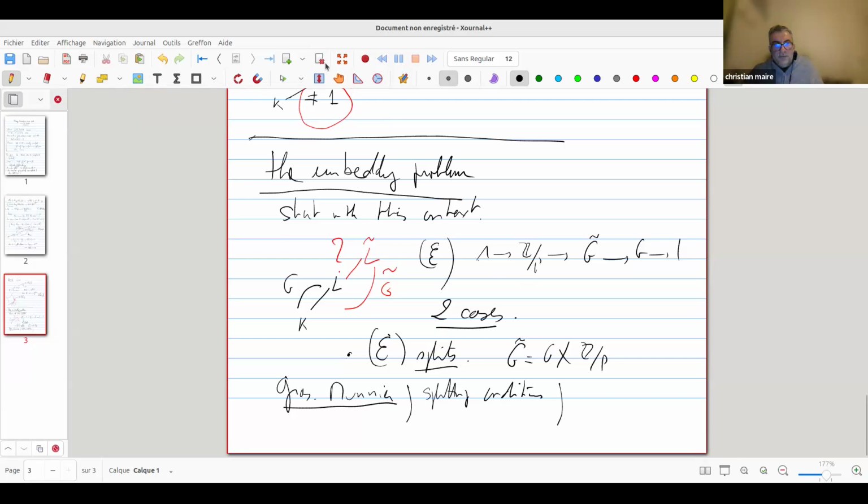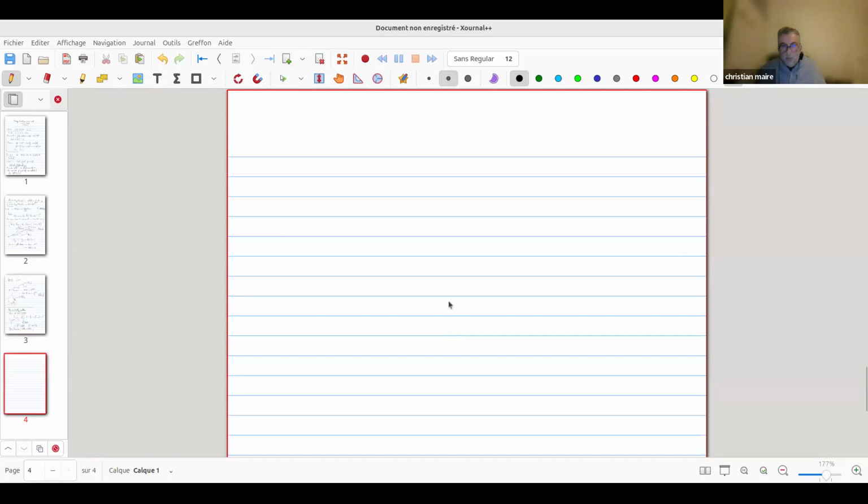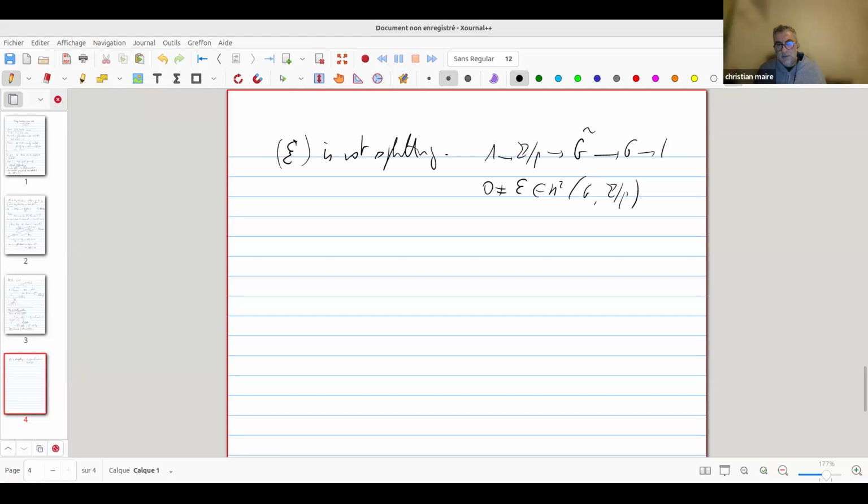The most interesting situation is when epsilon is not splitting. In this case, my exact sequence can be associated to some element of H2. There is a non-zero element of H2 that characterizes this exact sequence.